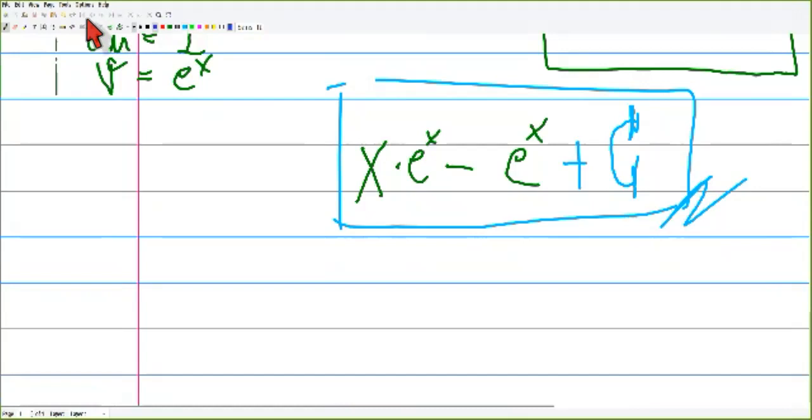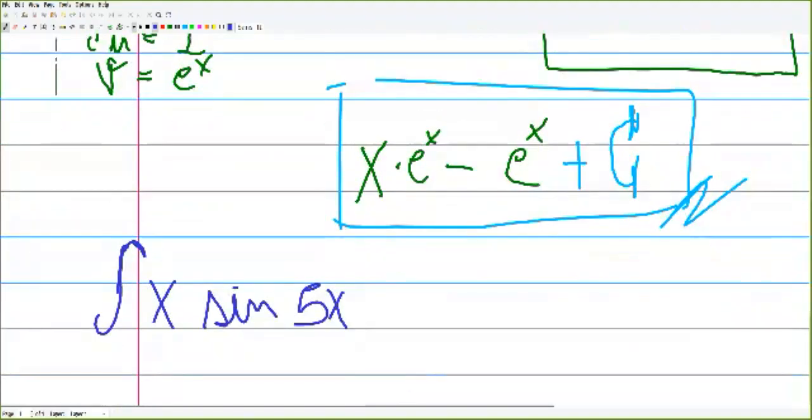So let us do another example. Our example is x sine of 5x. So one of these is u and the other is dv.